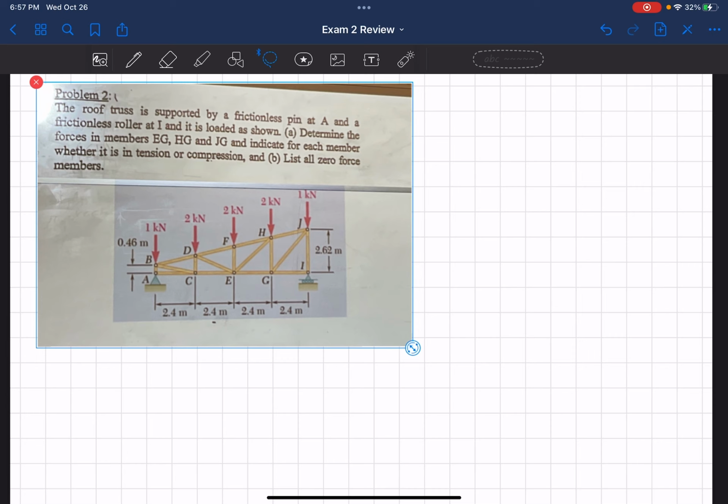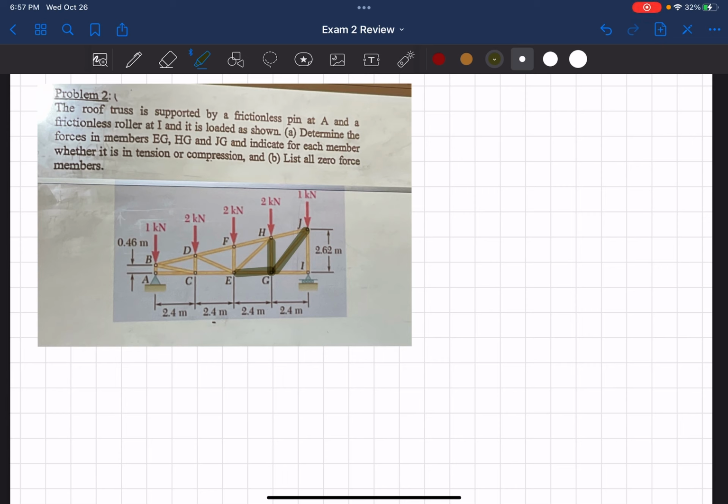Okay, so this is our first problem, and it's basically saying that a roof truss is supported by a frictionless pin at A here, and a frictionless roller at I, and is loaded as shown. Determine the forces in the members EG, HG, and JG, and indicate for each member whether it's in tension or compression, and list all zero force members.